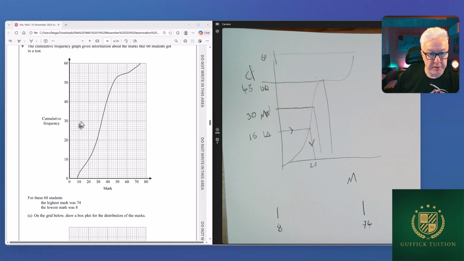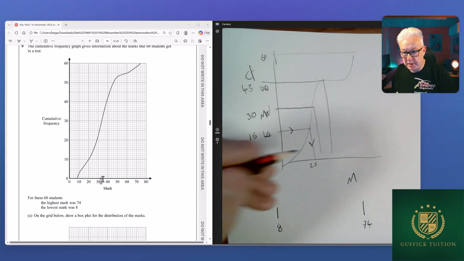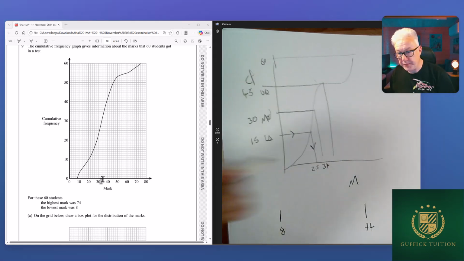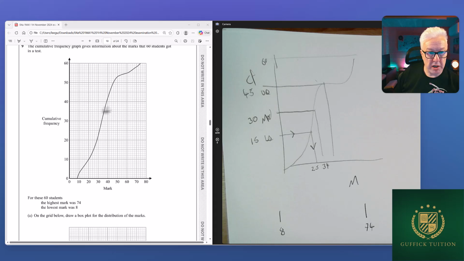We go across at 30 and go down there. And that looks like it's going to be 34. Okay, so that is 34 for our median. We do the same for our upper quartile. Going across at 45 and going down, we can see that that is 42.